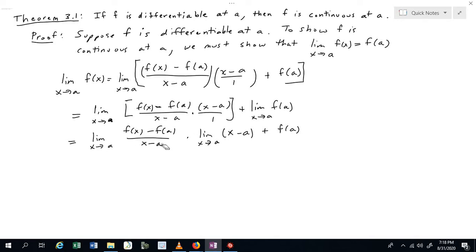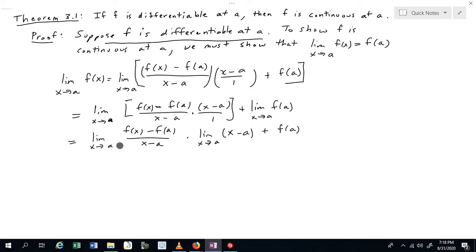Of course, this limit exists because we know that f is differentiable at a. That is the condition of this theorem. And if you remember, f being differentiable at a means that this limit exists. This is the very definition of a derivative at a.